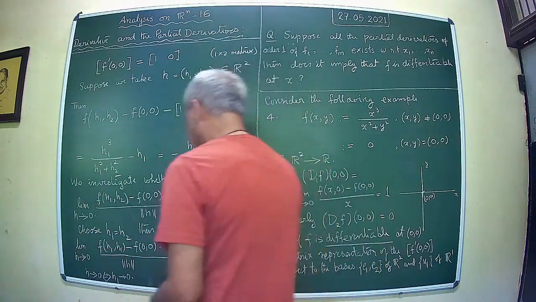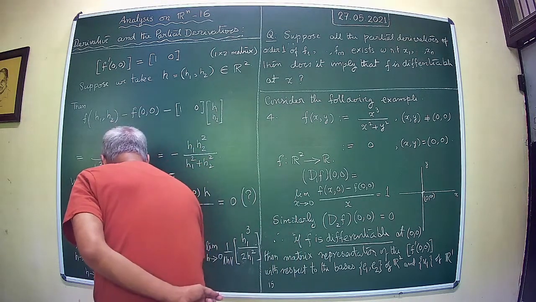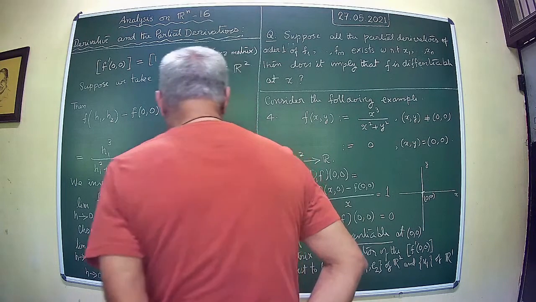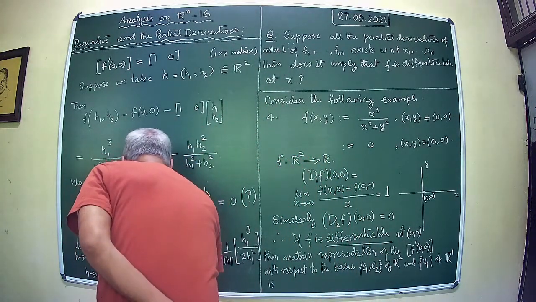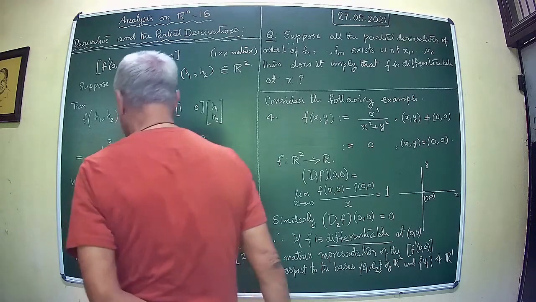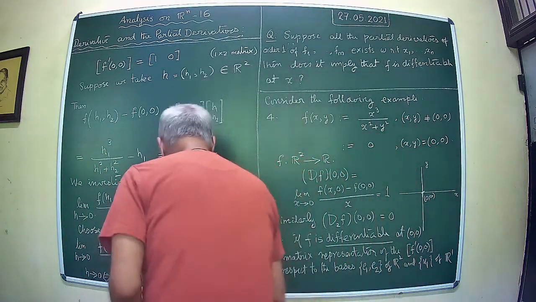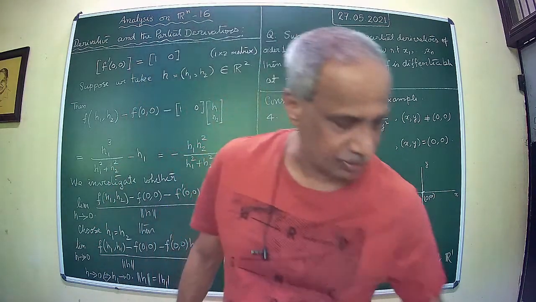Therefore we look at this limit. What is norm of H? Norm of H is equal to, in that case, mod H1. Therefore you get here, so we can now work out the limits.